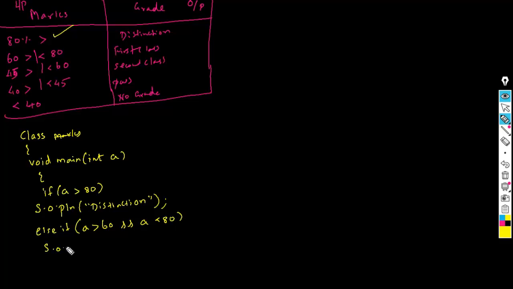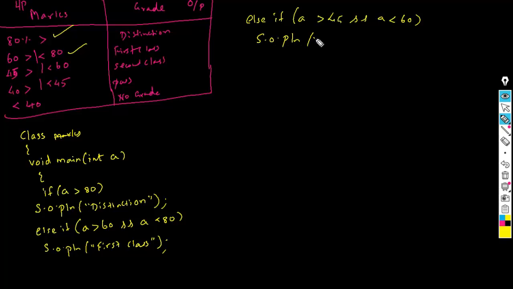So I print System.out.println, I print it as first class, right? Next one I write as else if average is greater than 45 and average is lesser than 60. System.out.println, I give it as second class.